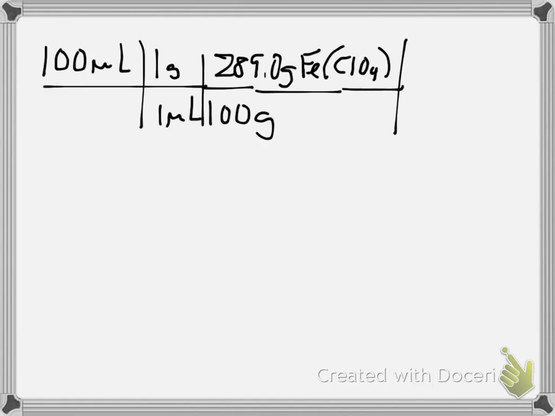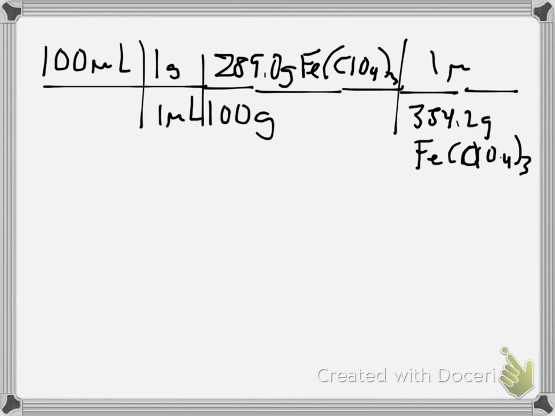If we carry that out as one big factor label, then we can say that 354.2 grams of that iron 3 perchlorate is 1 mole.